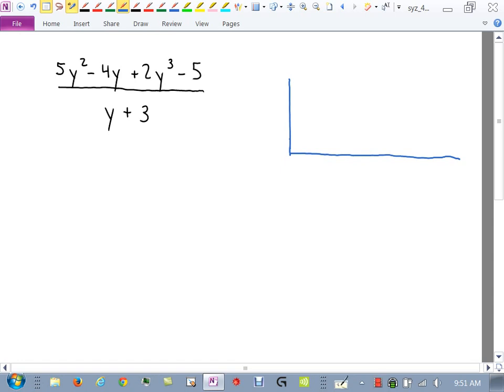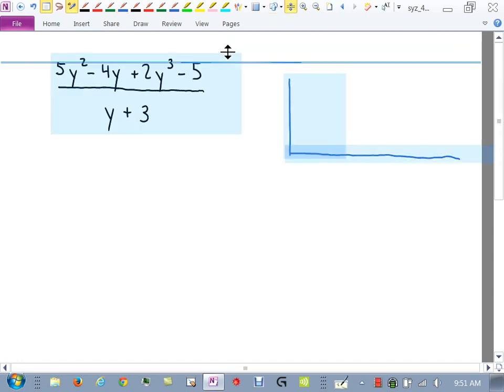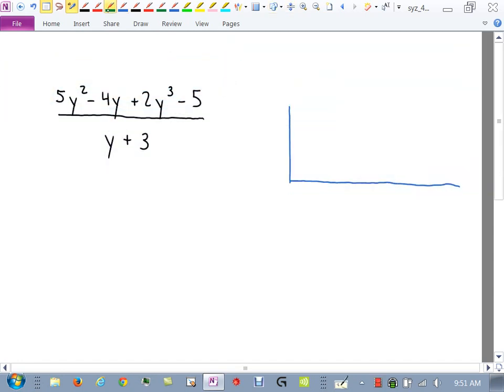You have to have it in descending order. The original problem was not in descending order, was it? So you have a y cubed here. So I need to go back up here and look at this. Maybe you don't need to write it down, but I will. In descending order, it's 2y cubed plus 5y squared minus 4y minus 5. So that's in descending order.